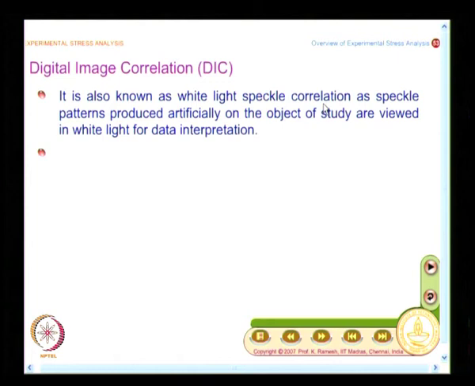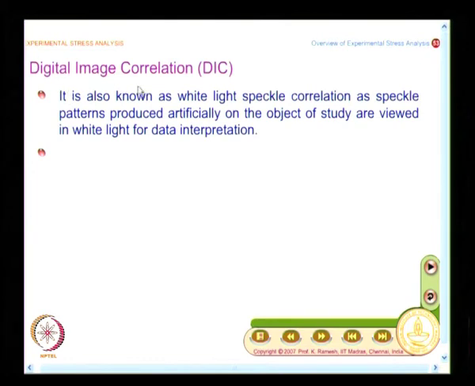In the speckle method, what we did was we had a laser beam impinging on the model, and you had speckles developed naturally, it was not artificially created. If you have a specularly reflecting surface, you had speckles because of laser illumination, and that was used for all the measurement.